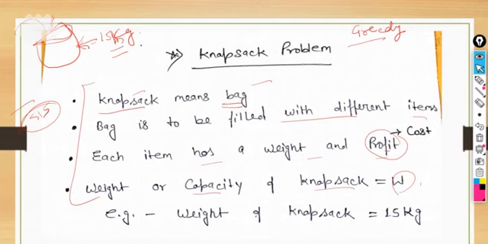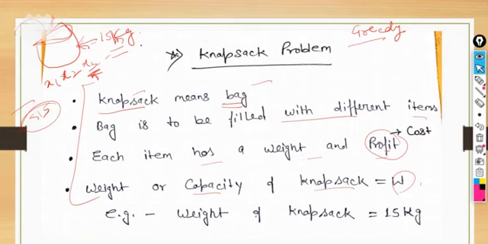The next possibility: if you have items x1, x2, x3, and many more to put into the bag, you take first whichever is giving the highest profit. But that is your logic. What about me?